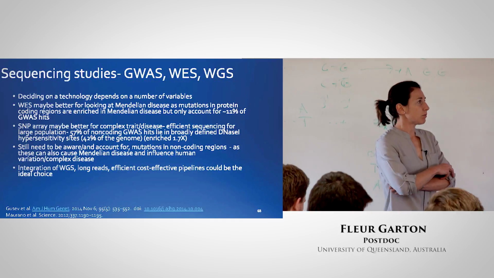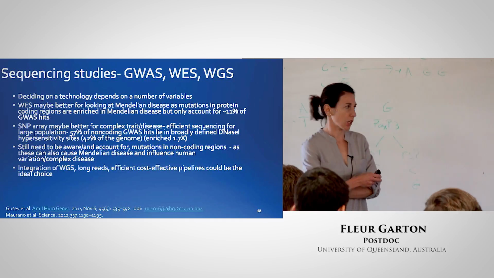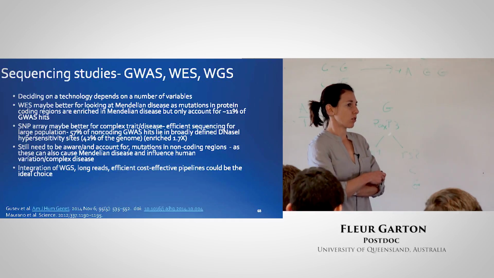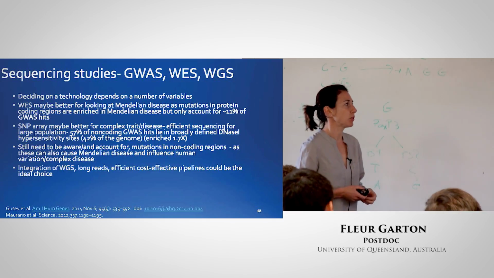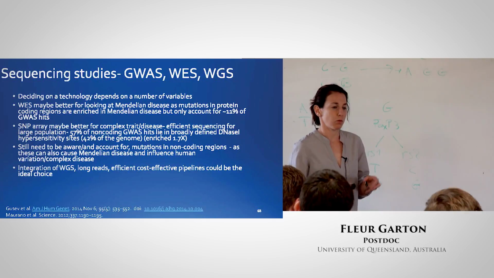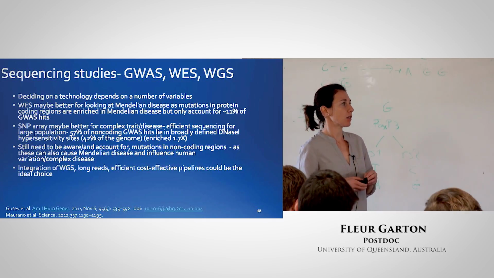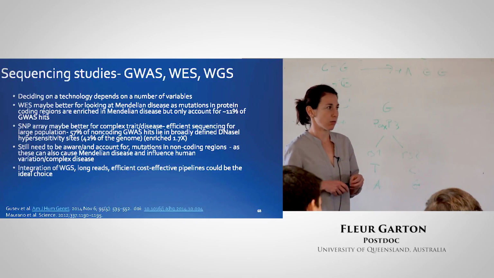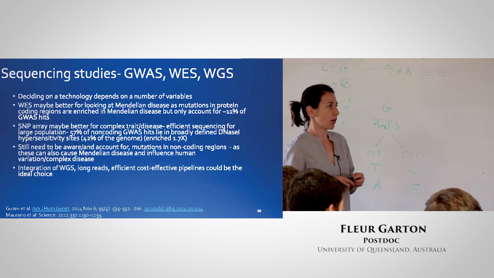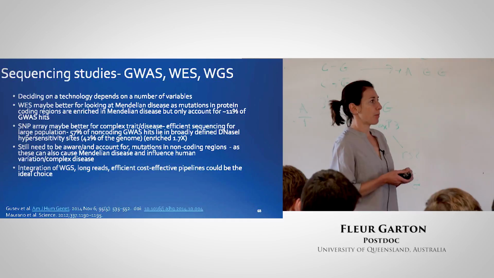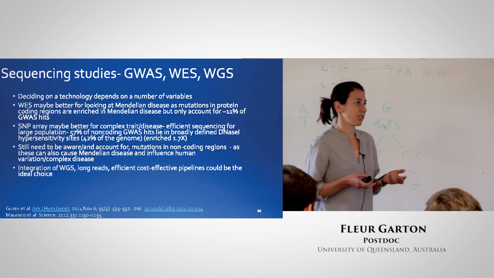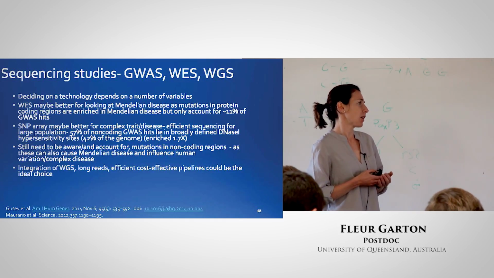Okay, so I guess we spoke about technology, and when you're deciding on a technology, it really depends on a number of variables. Of course, WES, or whole exome sequencing, might be better at looking for Mendelian diseases, as mutations in protein coding regions we know are enriched, but only account for 11% of GWAS hits.